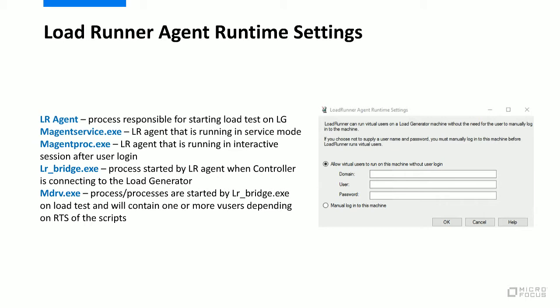MDRV.exe is the process, or in some cases, processes that are started by lrbridge.exe on the load generator machine and will contain one or more vusers depending on the runtime settings of the script.